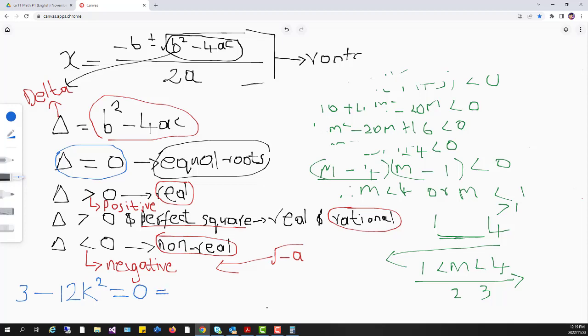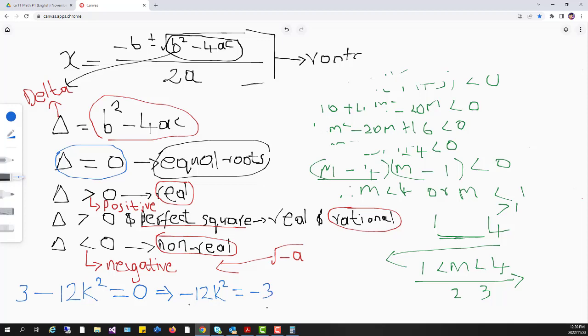because that's what makes roots equal. All right. Sorry, real. So then we get to solve for k. I'm going to then transfer the 3 to the right hand side. That means we will be left with minus 12k squared equals minus 3.